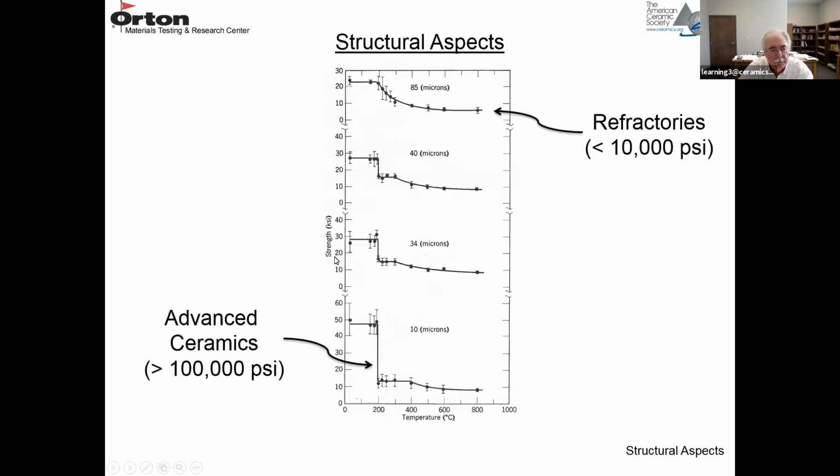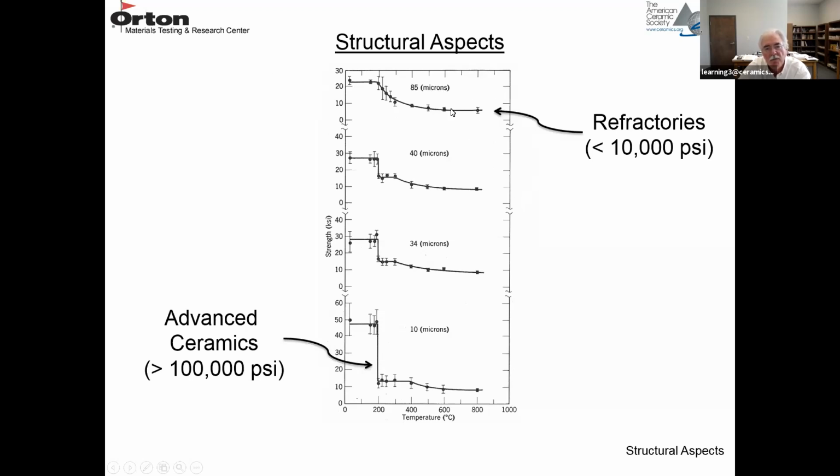So you can make measurements on different kinds of materials, and this is strength versus temperature. And there are 4 plots on this diagram. This material has a grain size of 10 microns. This one is 34 microns. This is 40 microns, and this is 85 microns.